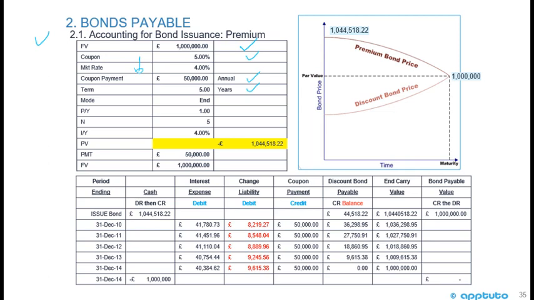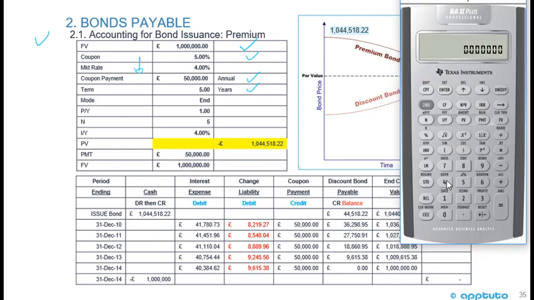So when we bring up the calculator again, let's do our calculation. So it's 5N. The interest rate, though, has gone down to 4%. So it's 4IY. Our payment is still the $50,000. And our future value, face value, is the £1 million. Okay?